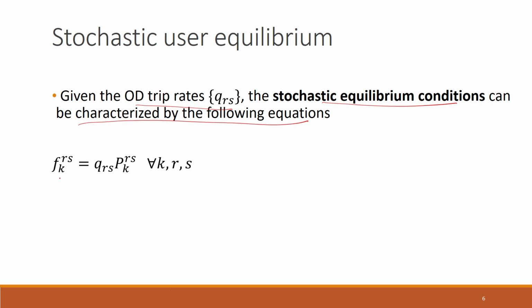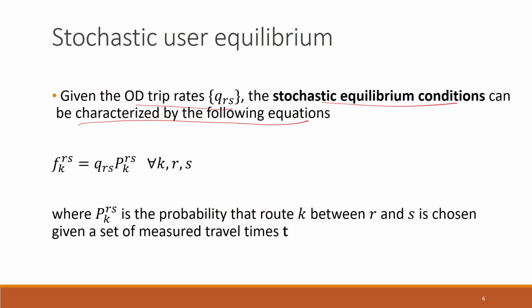That is, the flow on path k connecting r to s is equal to q_rs times P_k^rs, where q_rs is the demand from r to s and P_k^rs is the probability of choosing the kth path from r to s. So this is what it is saying. P_k^rs is the probability that route k between r and s is chosen given a set of measured travel times T here.